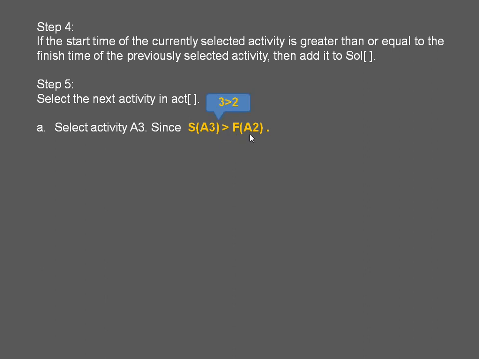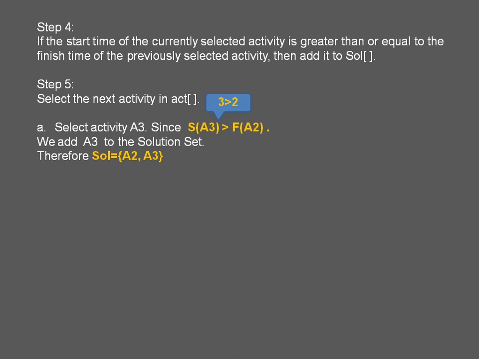Here 3 is the start time of A3 and 2 is the finish time of A2. So 3 is greater than 2, and therefore we add A3 to the solution set. Our solution set will now contain 2 activities, A2 and A3.